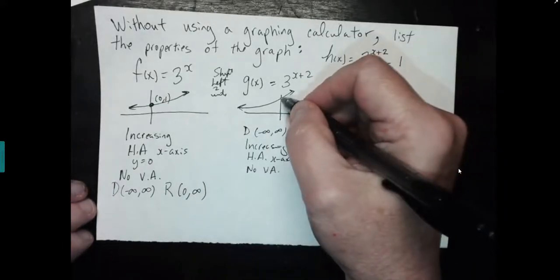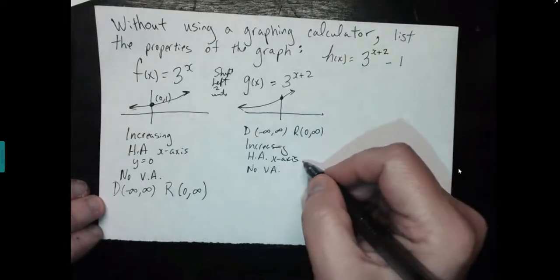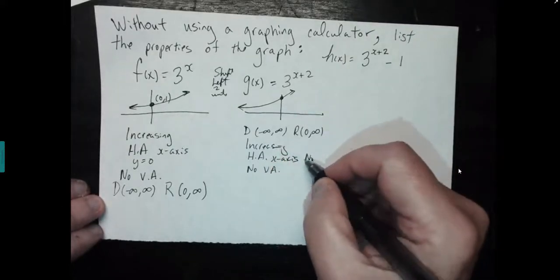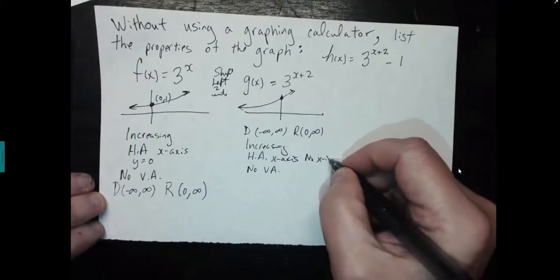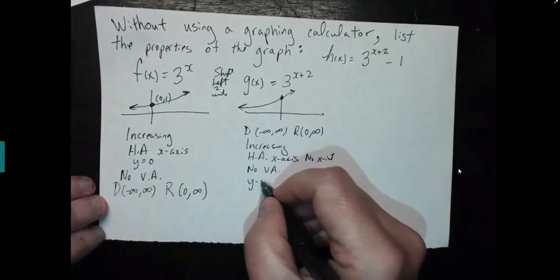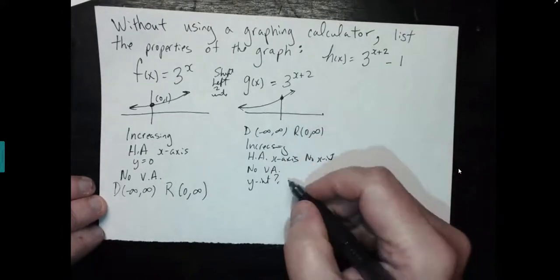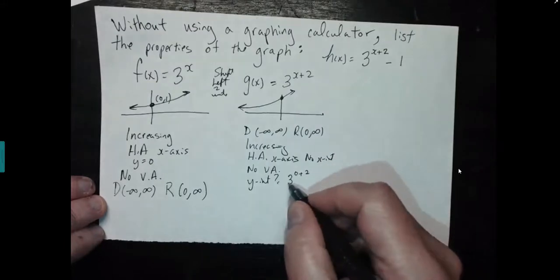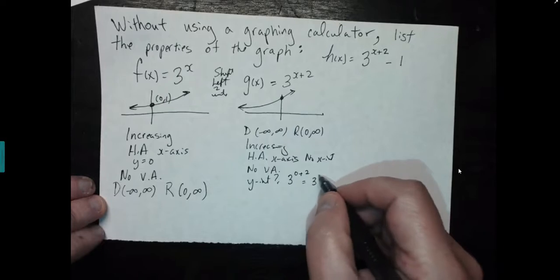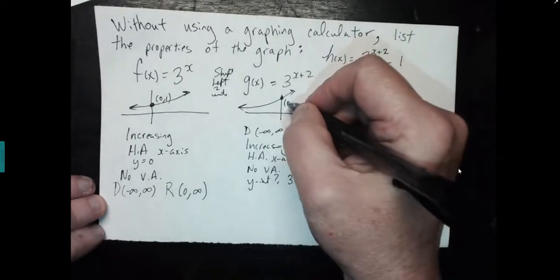But I do need to find out what the y-intercept is. There's still no x-intercept because my horizontal asymptote is the x-axis. But now what's the y-intercept? Well, if I plug x equals 0 into that formula, that's going to be 3 squared. And so my y-intercept is going to be at 9.